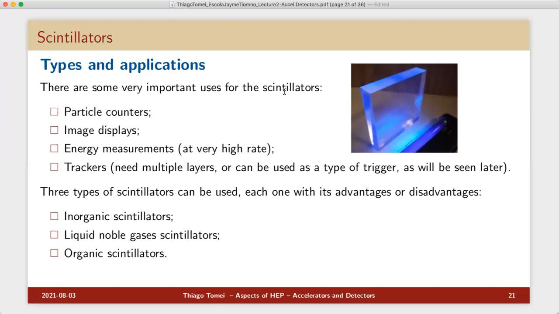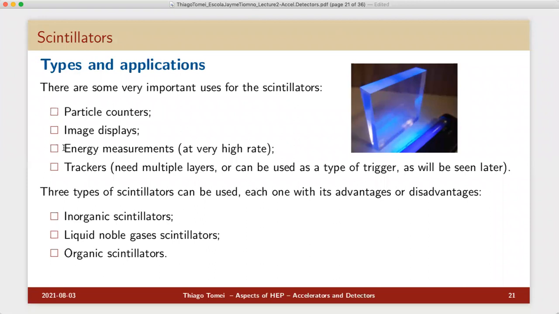Image displays: you can imagine that you have an array of scintillators, and you have some kind of position sensitive detector, such that you can essentially image the radiation that's coming to you.